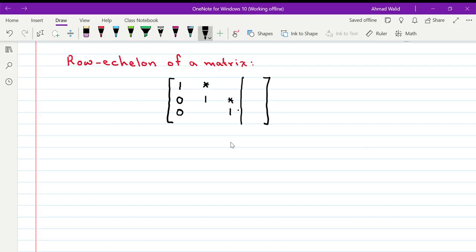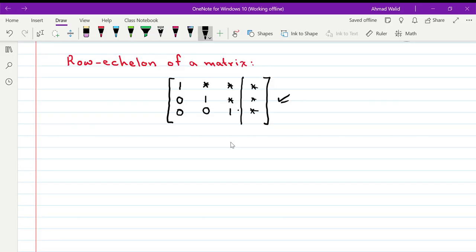Think these stars are numbers, and here you have your constant for all three. But below the ones you have zeros.